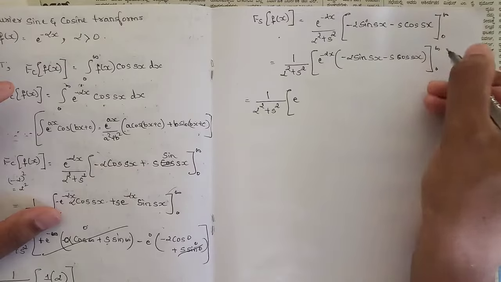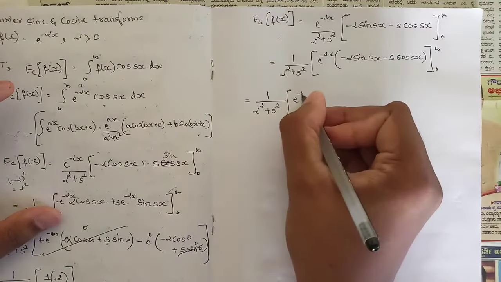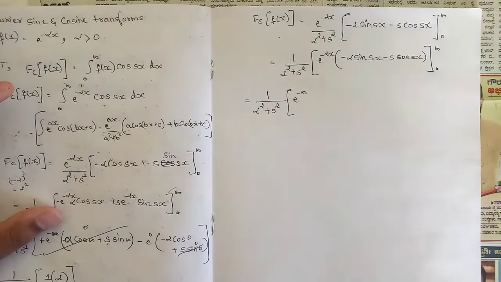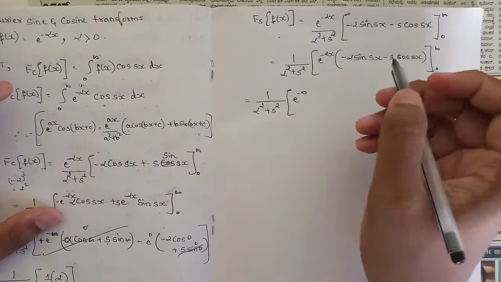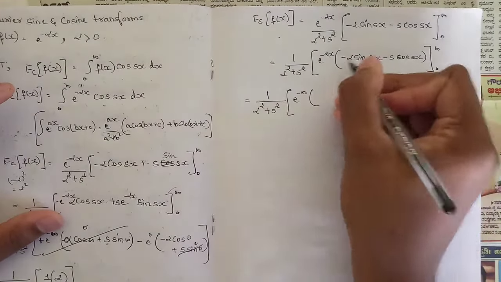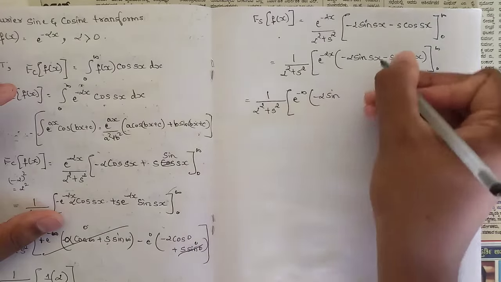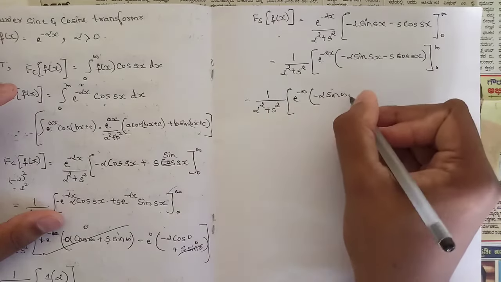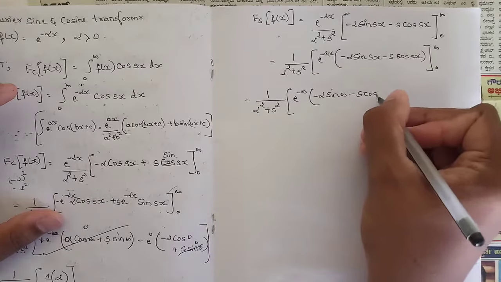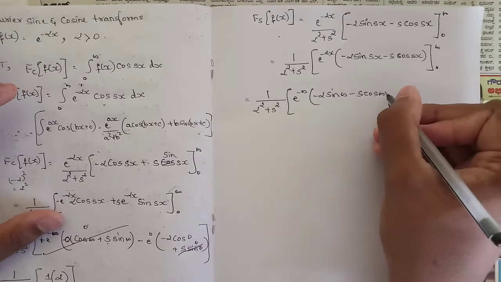The upper limit is infinity, so it is e to the power minus infinity, x is replaced by infinity, into the brackets minus alpha sin infinity minus s cos infinity.